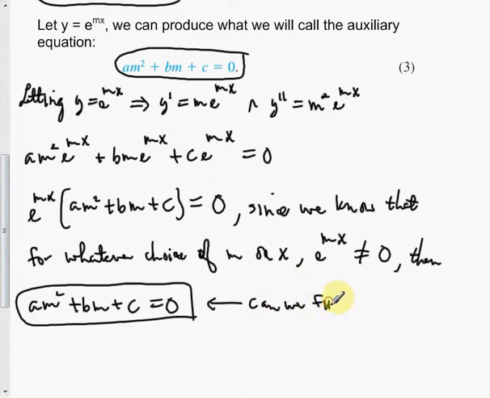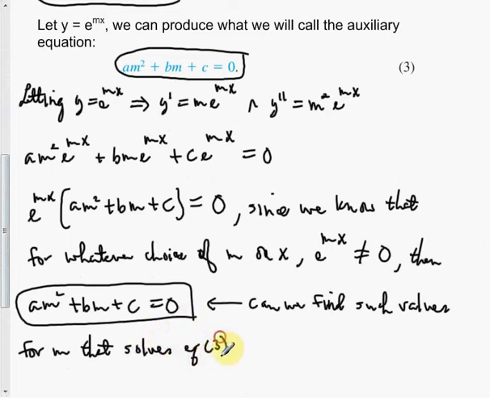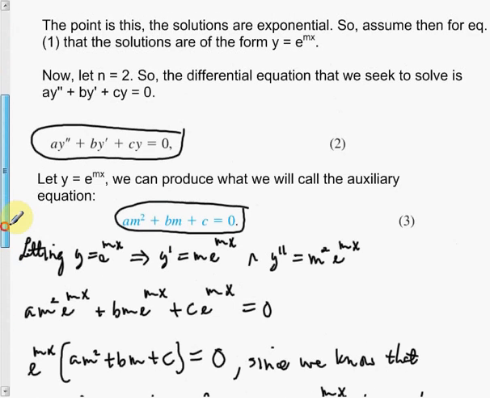Can we find such values for m that solve equation 3? That's equation 3 there, right?